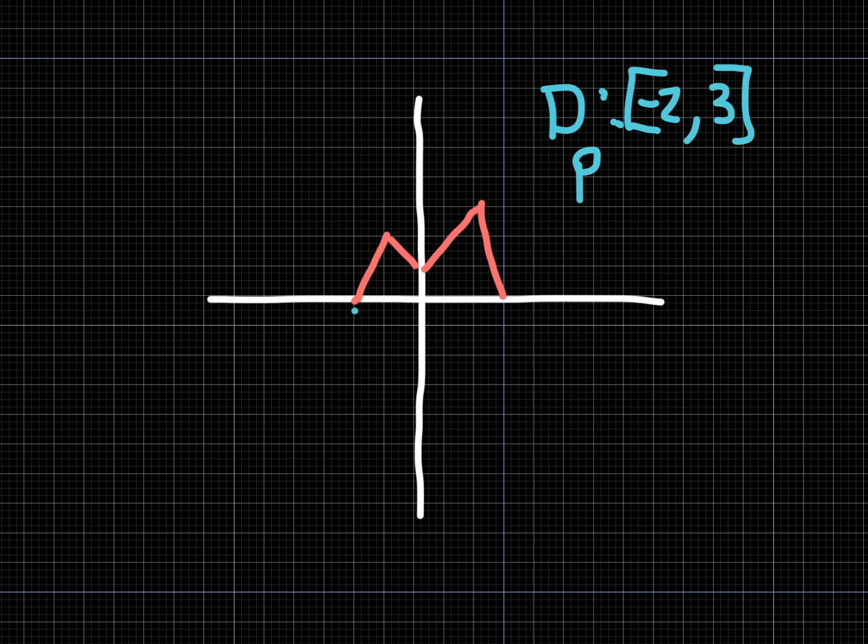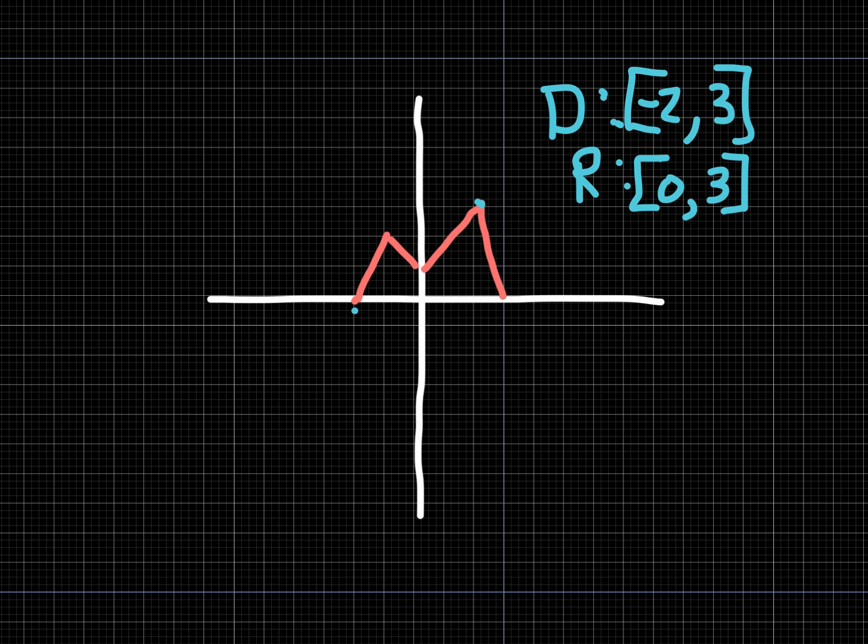The range for this shape is how low it went to how high it went. The lowest that my shape went was a height of 0. And the highest that my shape went was right there. And we're going to say that that is a height of 3.